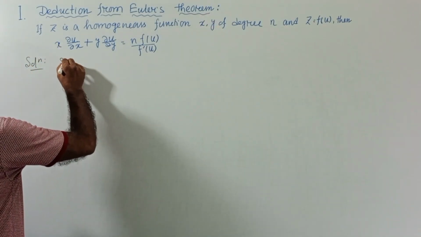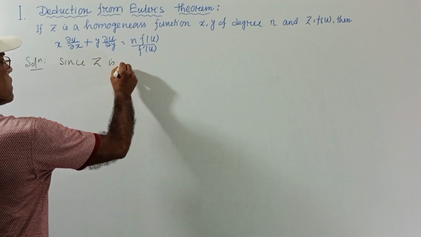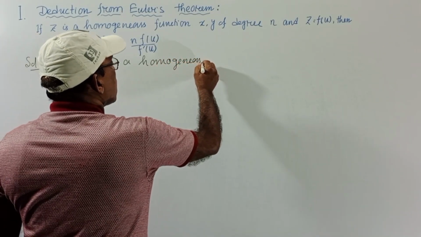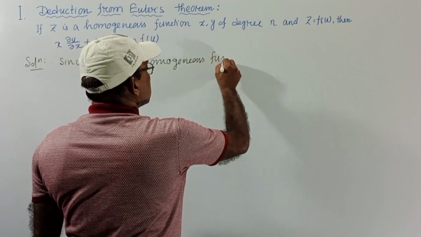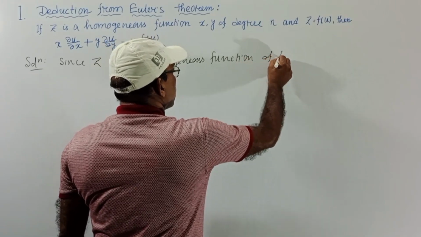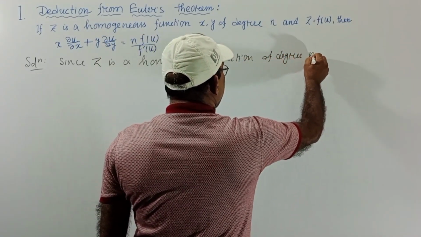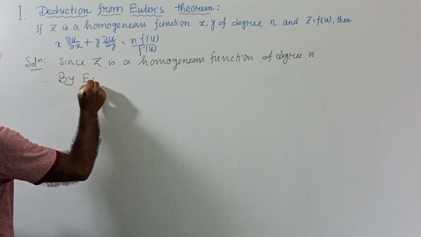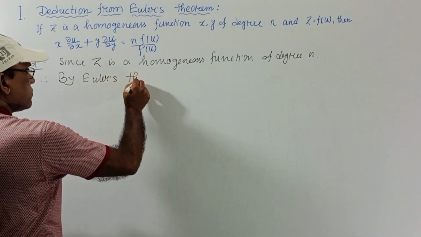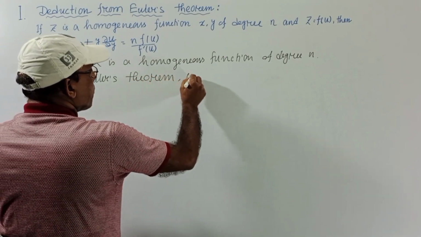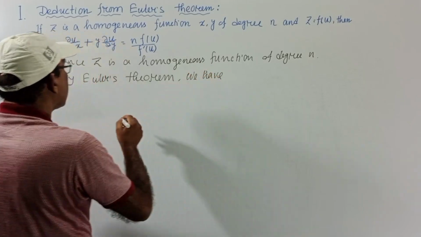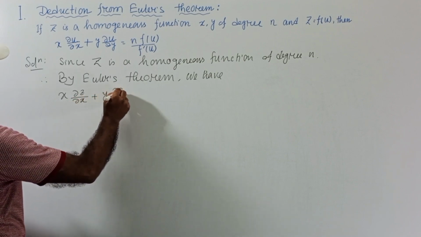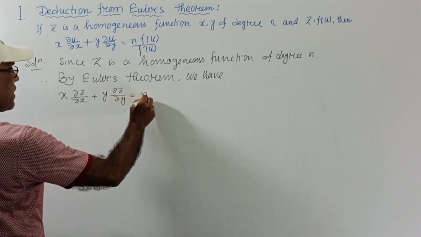Since z is a homogeneous function of degree n, therefore by Euler's theorem we have x del z del x plus y del z del y equal to degree into function, that is n z.